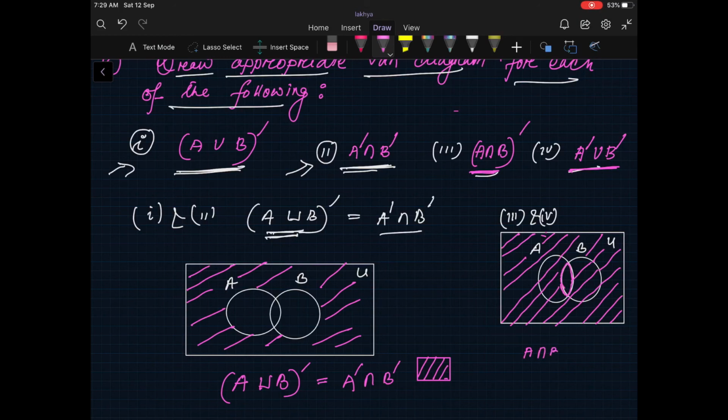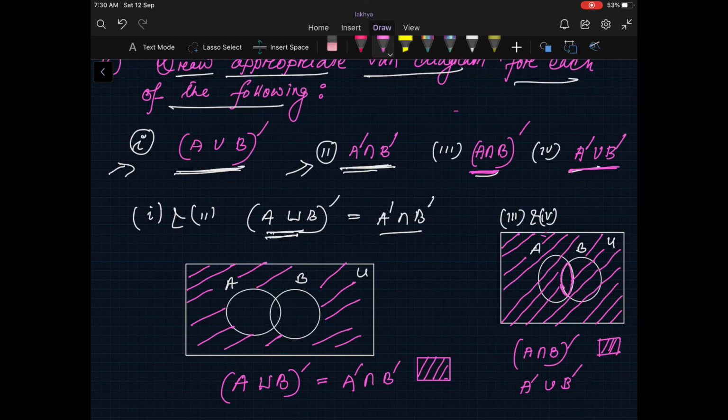So here is the Venn diagram for complement of A intersection B, or A complement union B complement, represented by this shaded region.